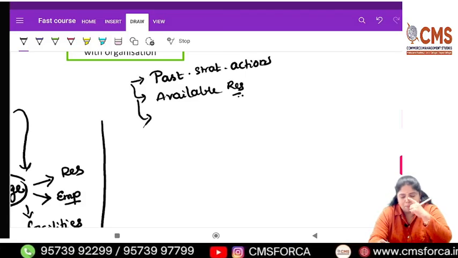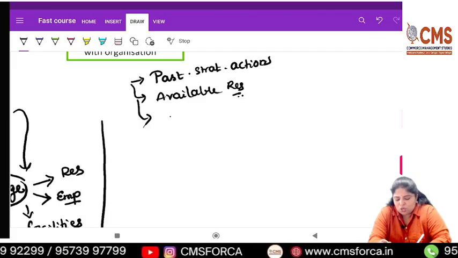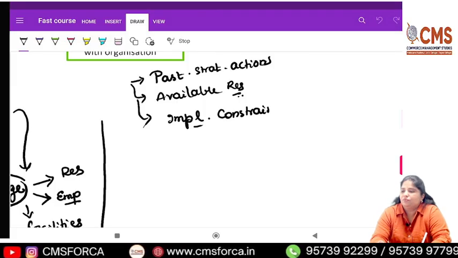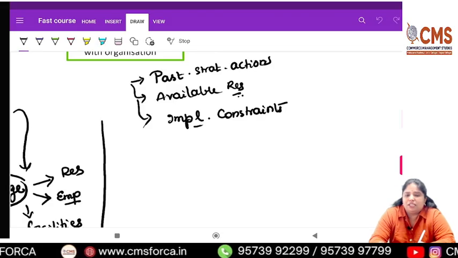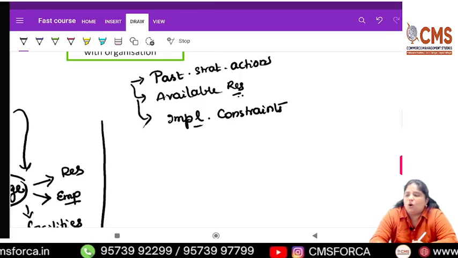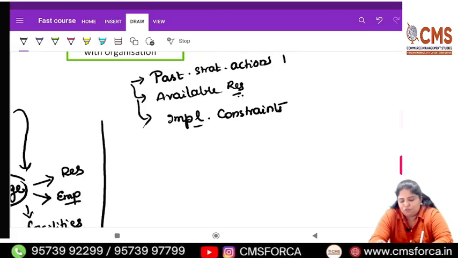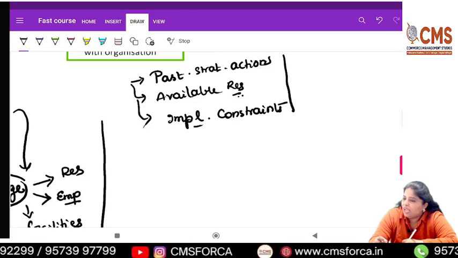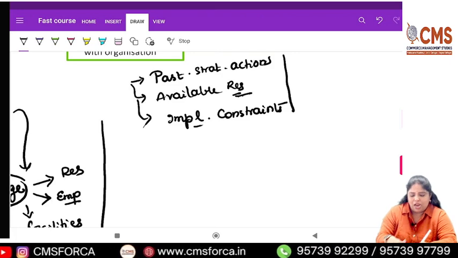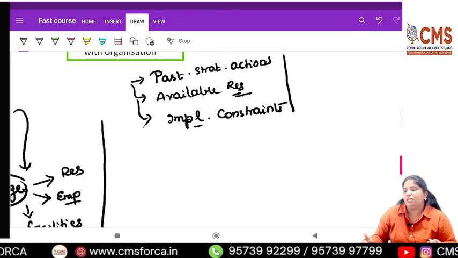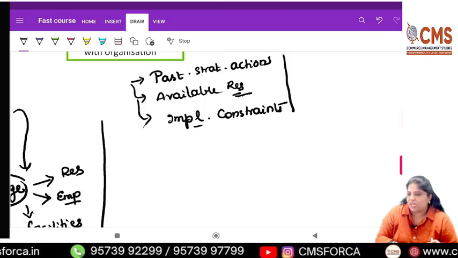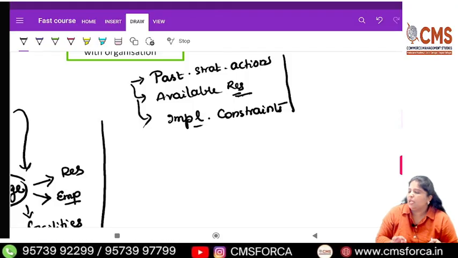And most importantly, they try to assess what implementation constraints they have. Without this consideration and assessment, implementation shouldn't happen. So the organization must first assess its past strategic actions and available resources, know this first, and then the constraints it has in implementation. Only after developing proper knowledge about these facts should they proceed further with implementation.